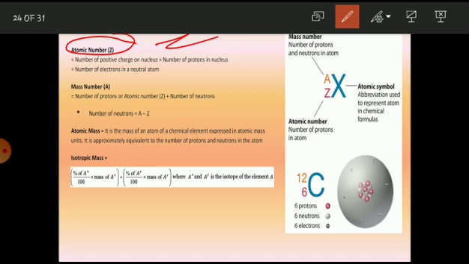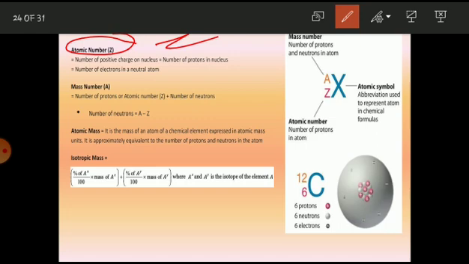So you can define the atomic number in three ways, that is number of electrons present in a neutral atom, number of protons in the nucleus, or number of positive charge on the nucleus, is nothing but atomic number, and it is denoted by the symbol Z.